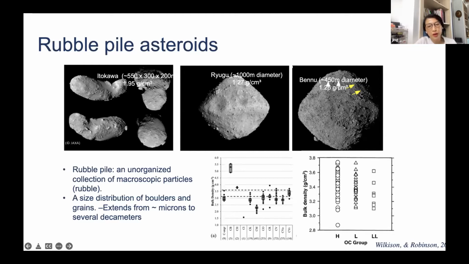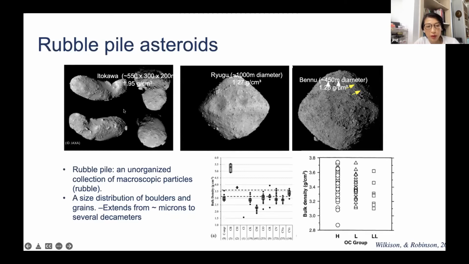Those 3 revealed a very interesting structure. We call them rubble pile asteroids. A rubble pile is a collection of rubble held together by self-gravity as well as cohesion. The size distribution of boulders and grains usually extends from microns to several meters.